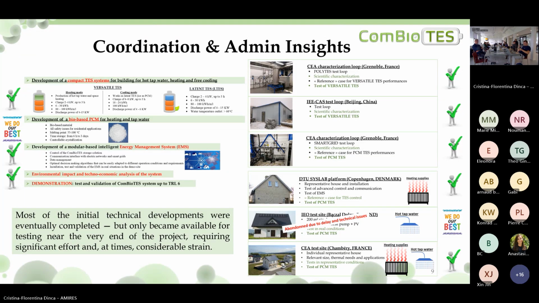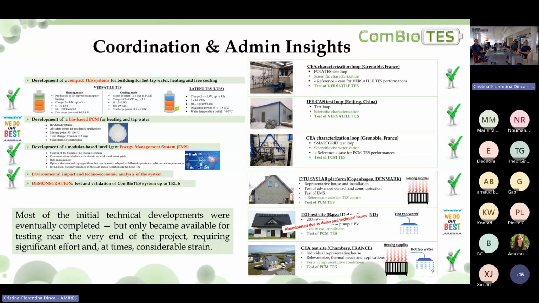About the development of a new bio-based PCM for heating and tap water, we did what we could, and it was not a success, but we had a backup, and frankly speaking, the development of a new material should be a dedicated project. So it was not the case in this project.